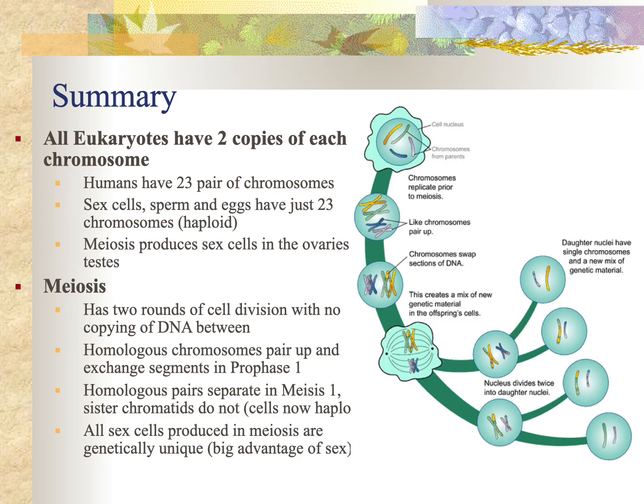In meiosis, homologous pairs of chromosomes pair up and exchange segments in prophase 1. These homologous pairs separate in meiosis 1, but sister chromatids do not separate. All the cells are now haploid. All sex cells produced in meiosis are genetically unique because of the exchange of segments and the random shuffling.